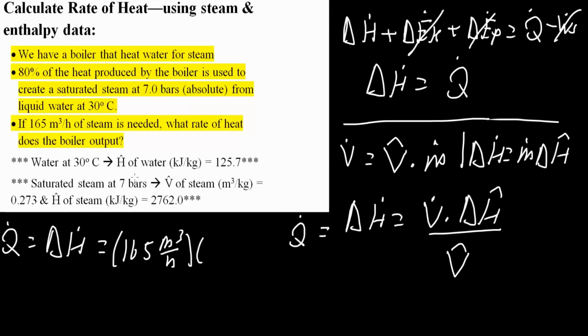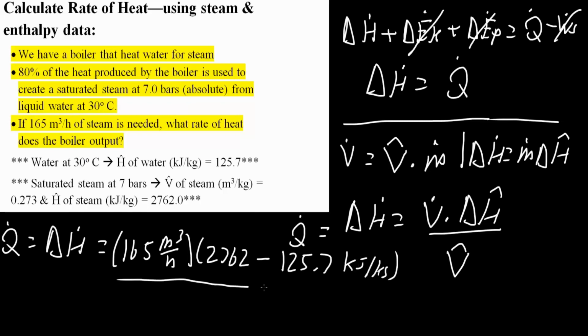So we have just water here and then steam. Our output is going to be steam. So we will take the number from the output, which is 2762, minus the input one, which was 125.7. The unit was kilojoules per kilogram.